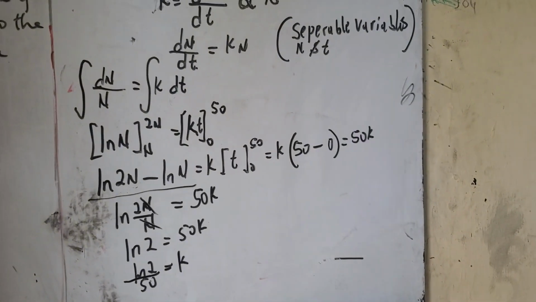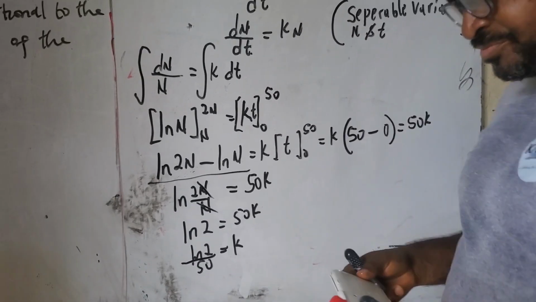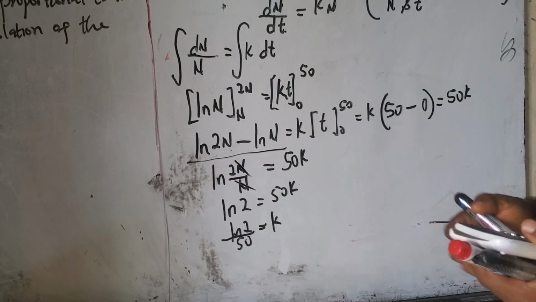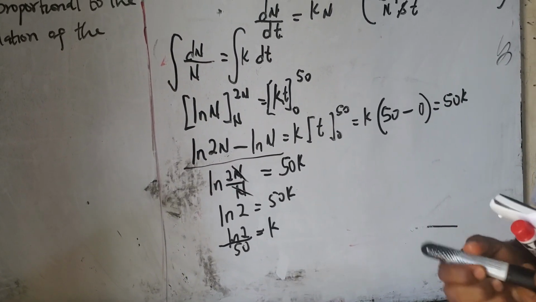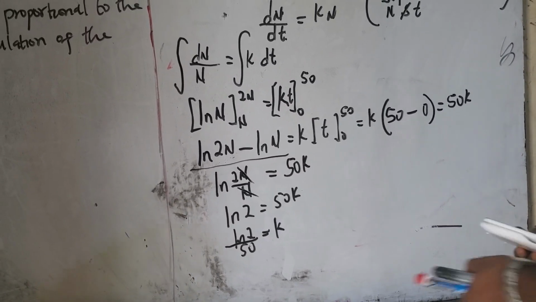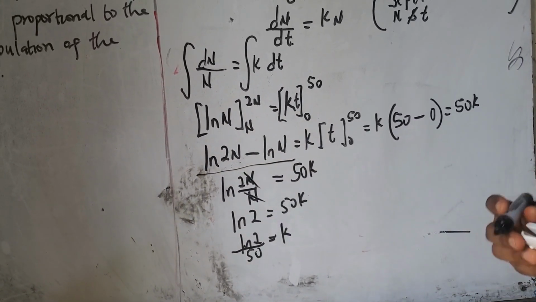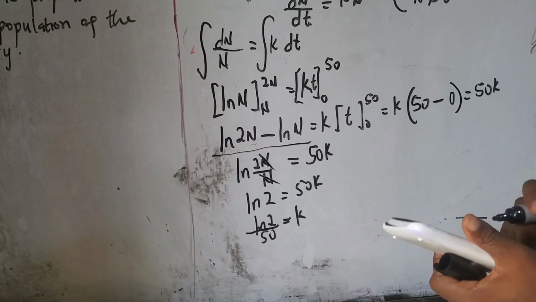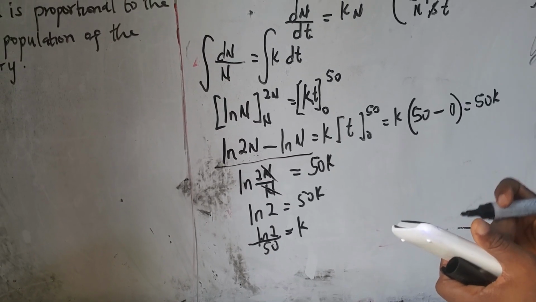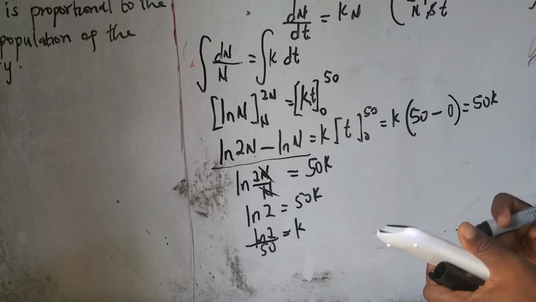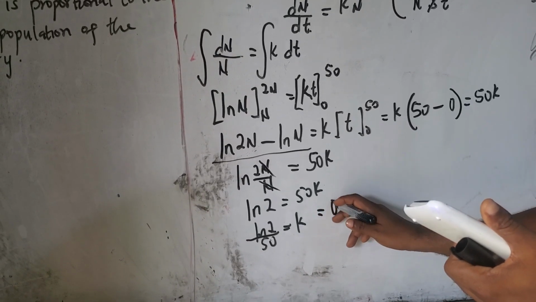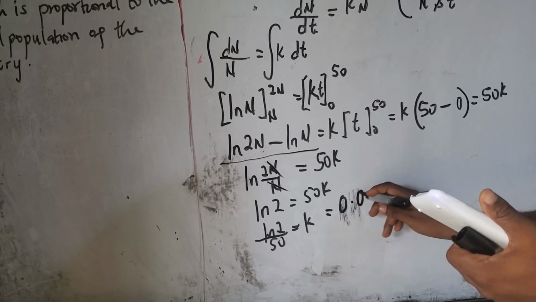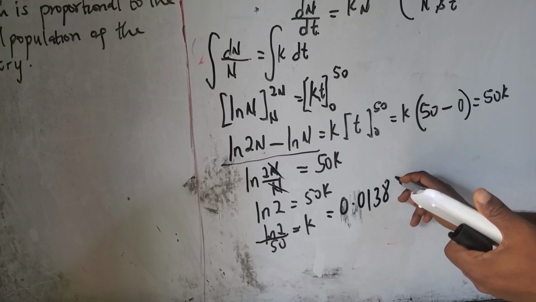Now, I want to evaluate this expression in my calculation. Ln 2 divided by 50 from the calculation is going to give us 0.01386 approximately.